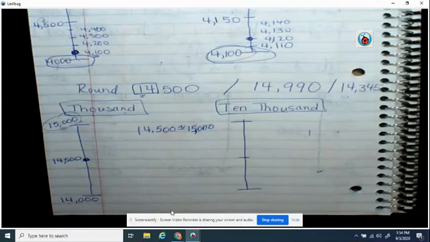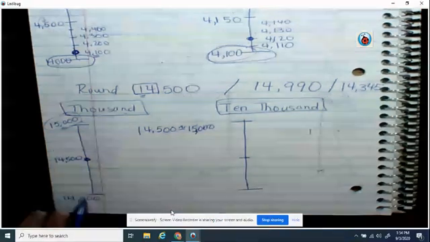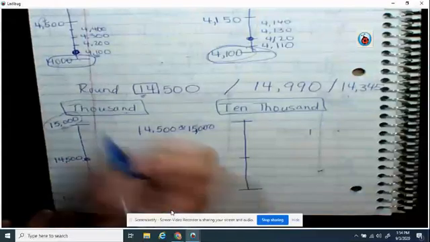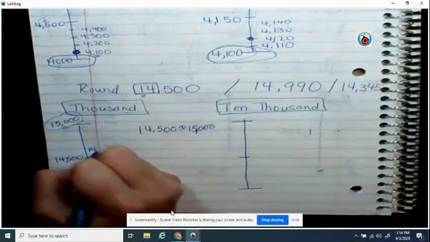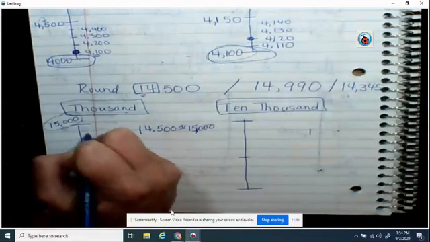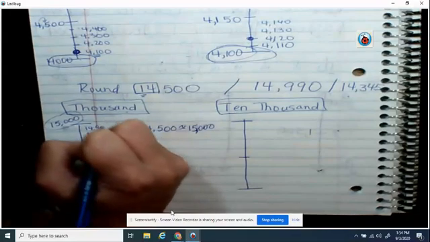Okay, well, let's look at this next number, 14,990. Let's round it to the nearest thousand. Where would that fall in this number line? It's definitely bigger than 14,500. This would be like 14,600, 14,700, 14,800, 14,900, and it's like 990.